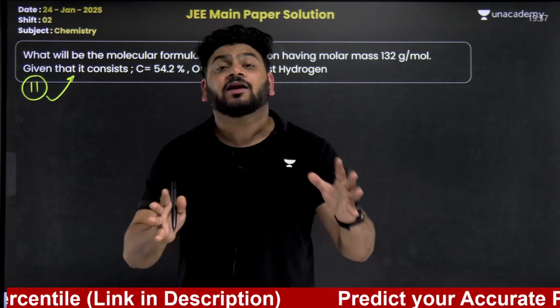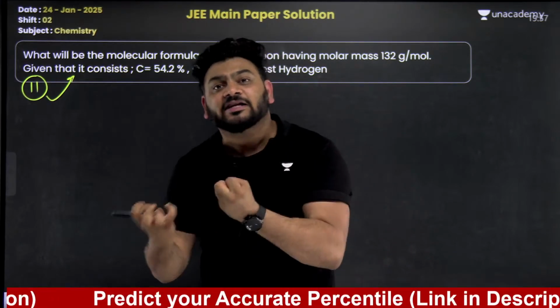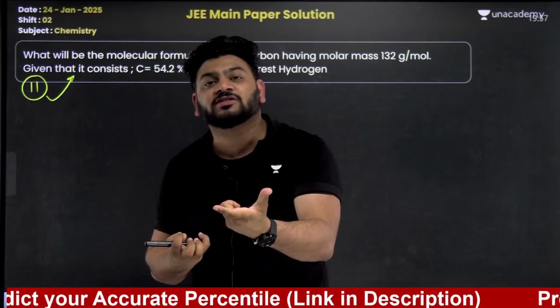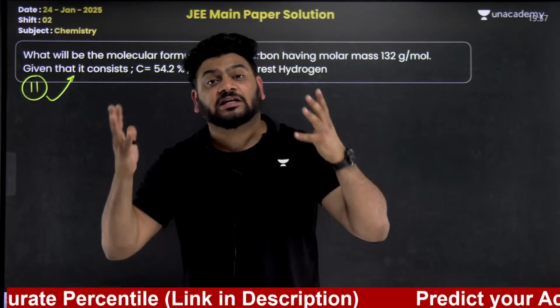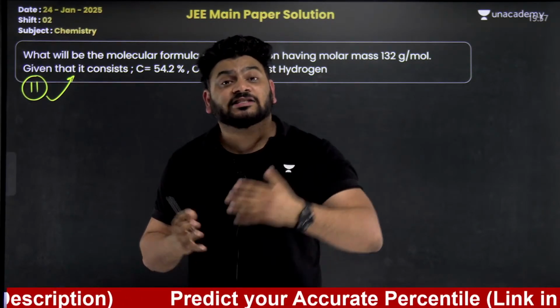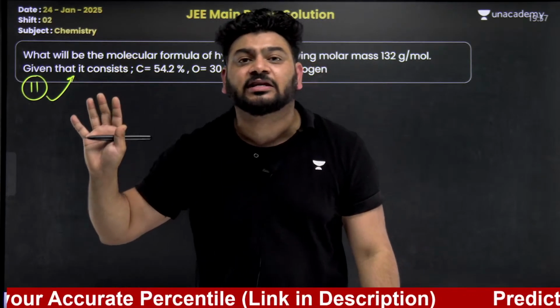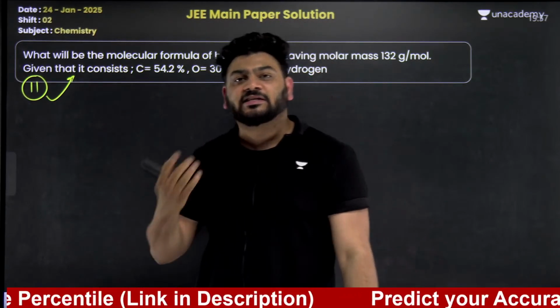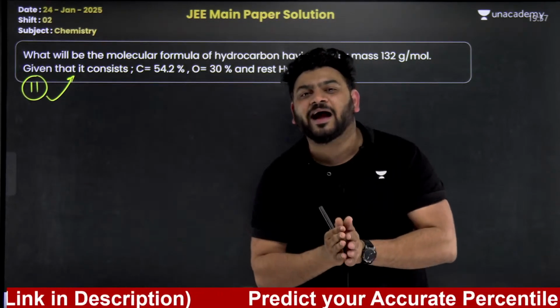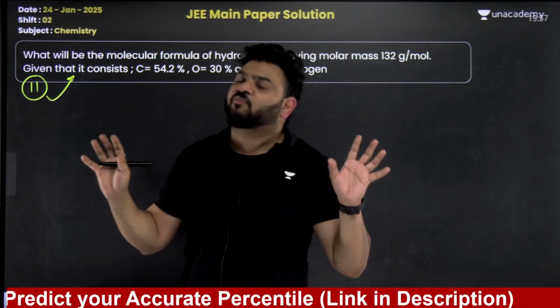A very uneven distribution of concepts. Sometimes a single concept has 2 to 3 questions in the exam. Sometimes even important topics like molecular orbital theory are missing, and not a single question has been seen till now. So what I'm suggesting to all of you is don't go behind any kind of suggestions. Keep your preparations pretty simple.